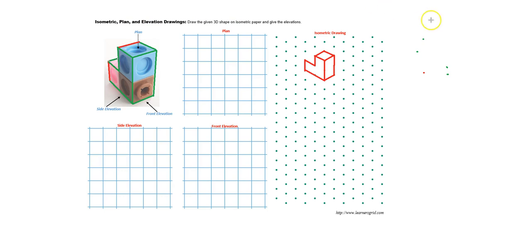So I need to do the same over here. It's got to go that way. It doesn't look exactly like this because of perspective and how the picture was taken, but you can see it goes up 2, goes up 2, there's 1 at the back, and so on. So that's the isometric drawing complete.